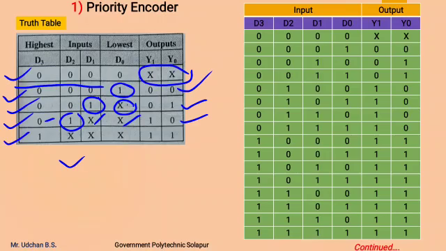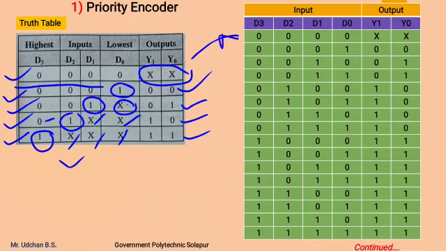And in the last case, D3 is 1, irrespective of the input at D2, D1 and D0, we get output with respect to D3 only, as 1 1. Even if D2, D1, D0 are at 1, we get output with respect to D3 only, as D3 has the highest priority.